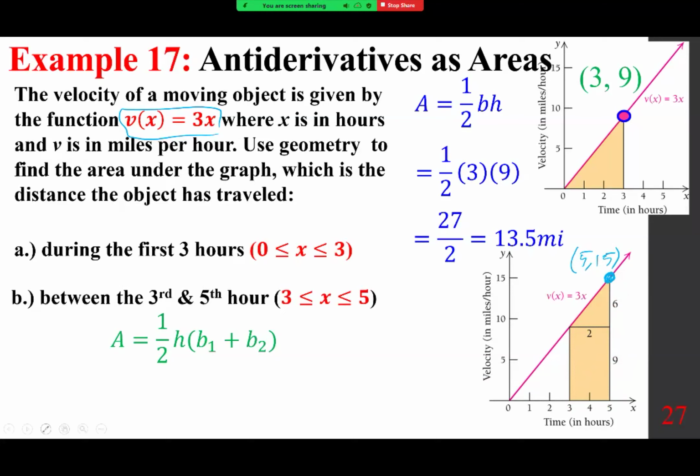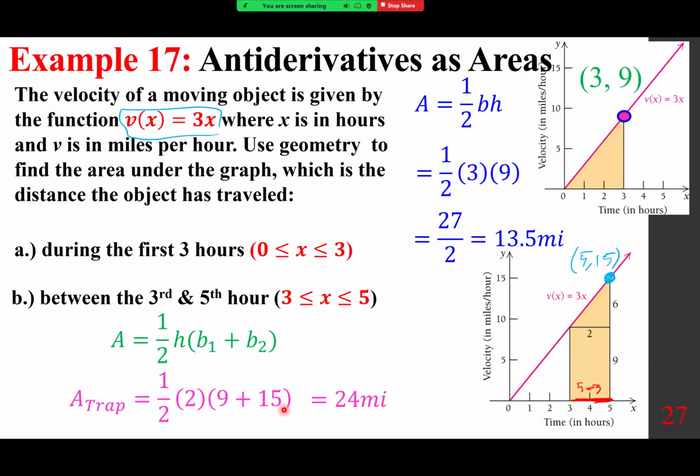This is the height, everybody, of the trapezoid. 5 minus 3, or 2. So half of 2. And then this base, remember this was 9 and this is 15. So 9 and 15. And 2 and 2 cancel each other. 9 and 15 is 24 miles. Like I said, there are different ways of approaching it. This is one way to do so.